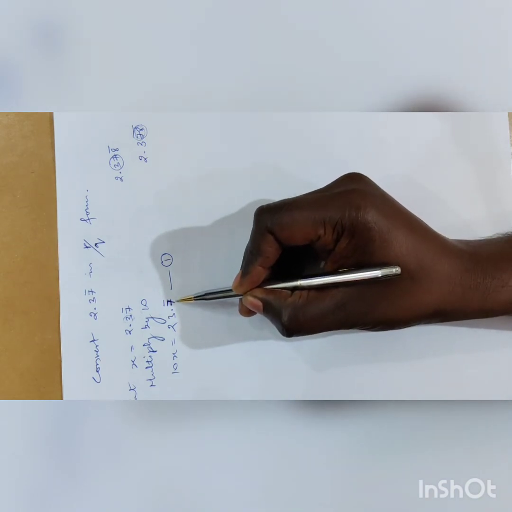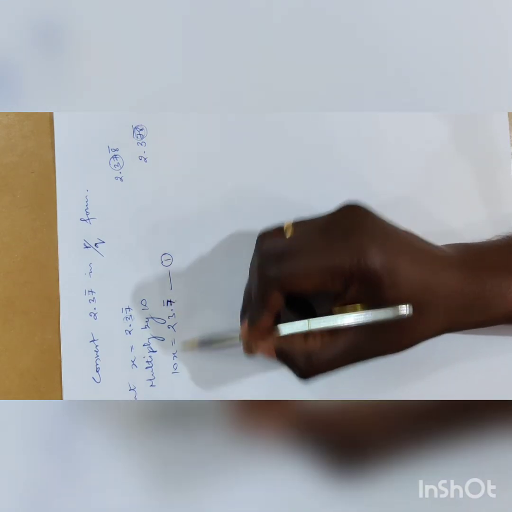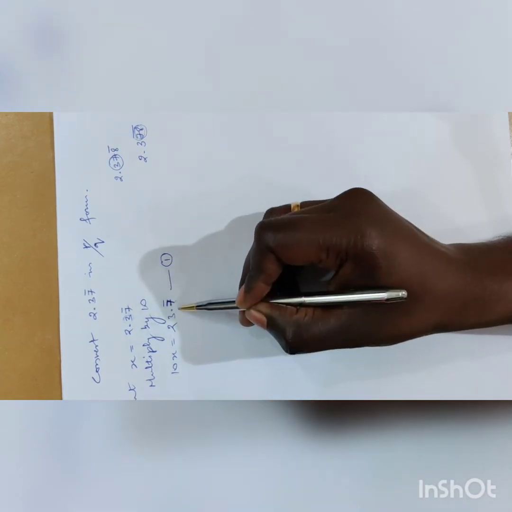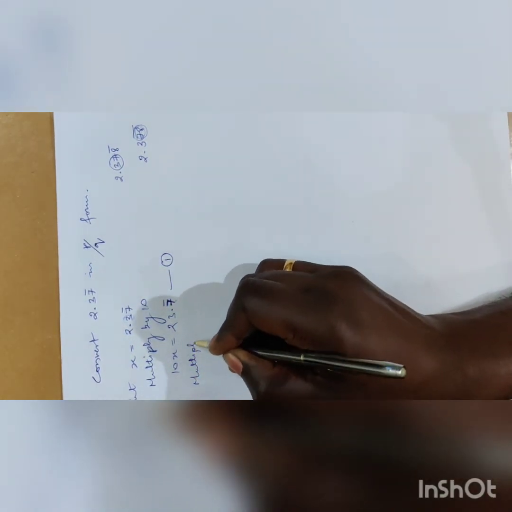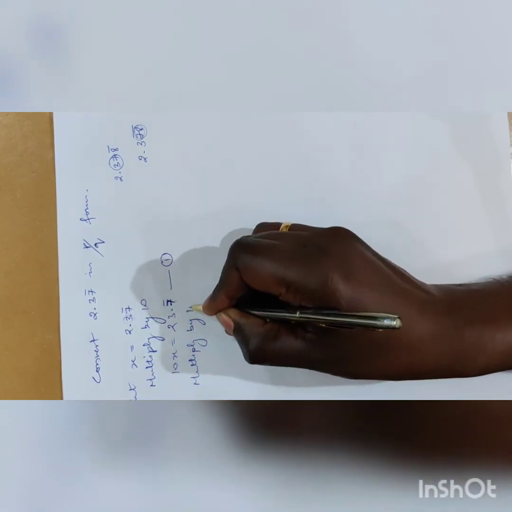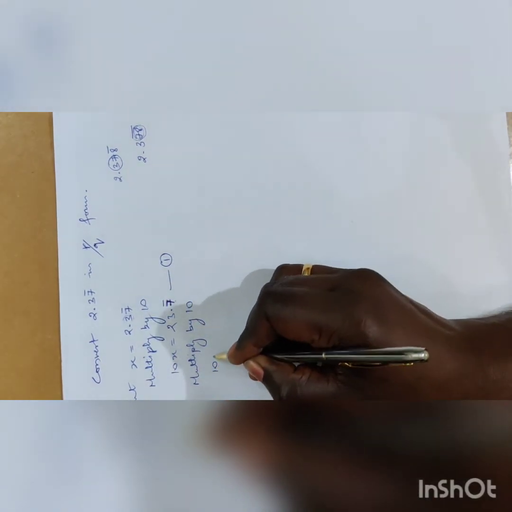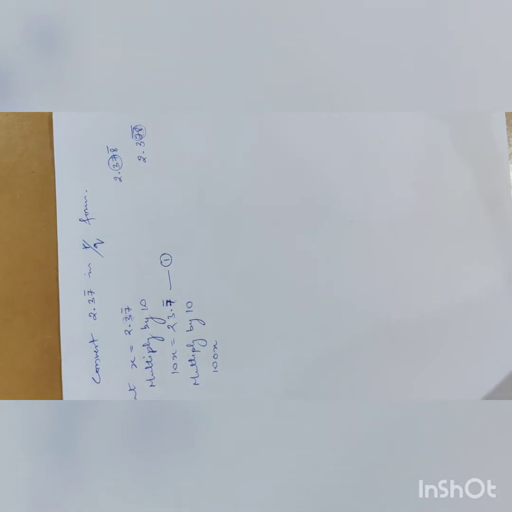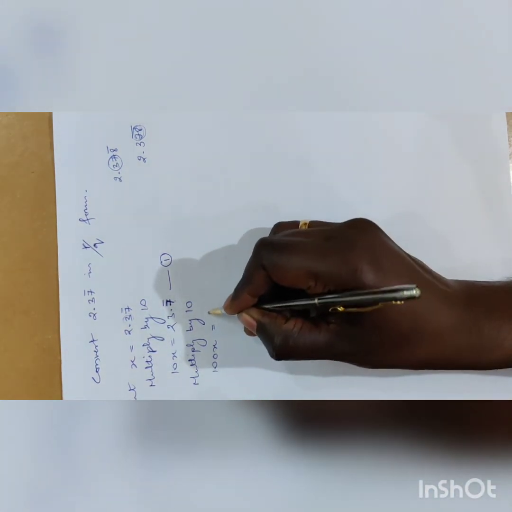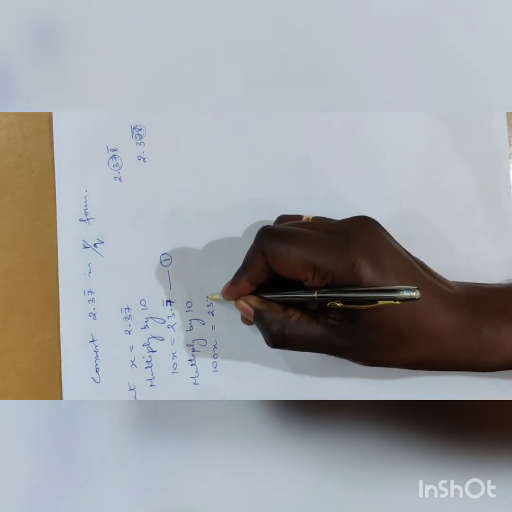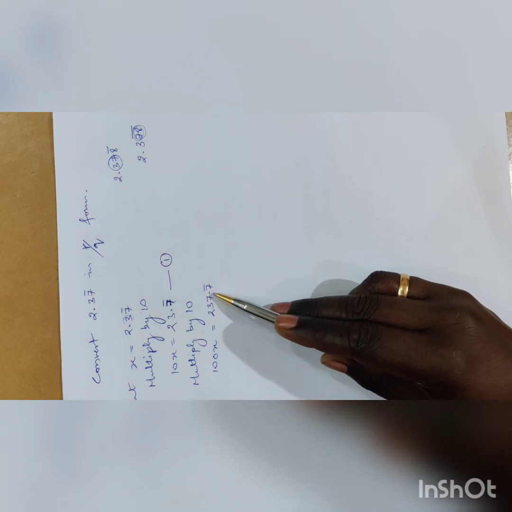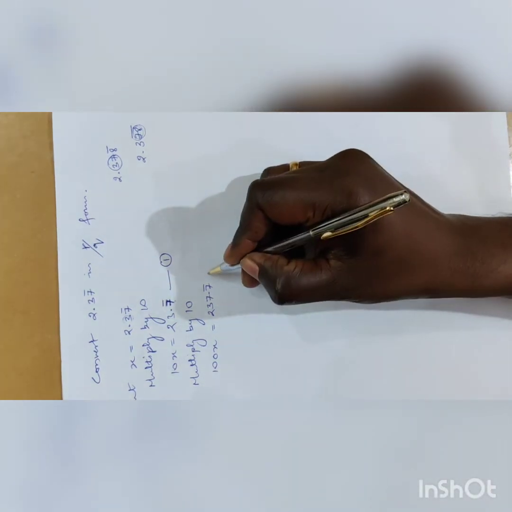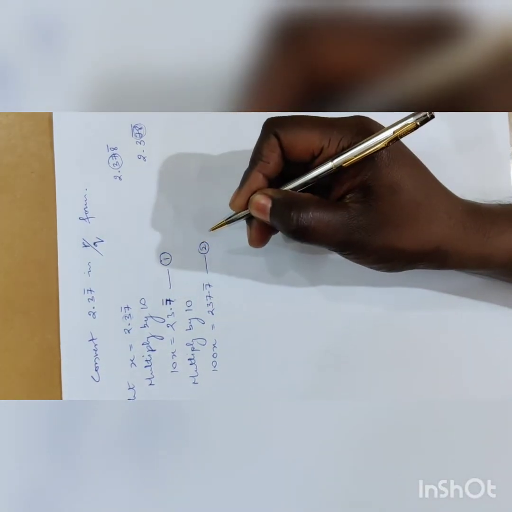So now since it is only one digit, I multiply both the sides of this equation by 10. It becomes 100x is equal to 237.7 bar. Let this be equation number 2.